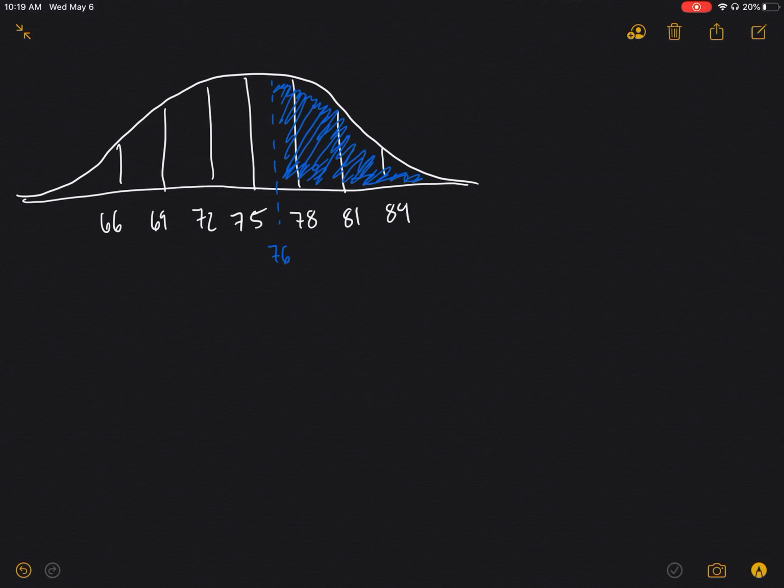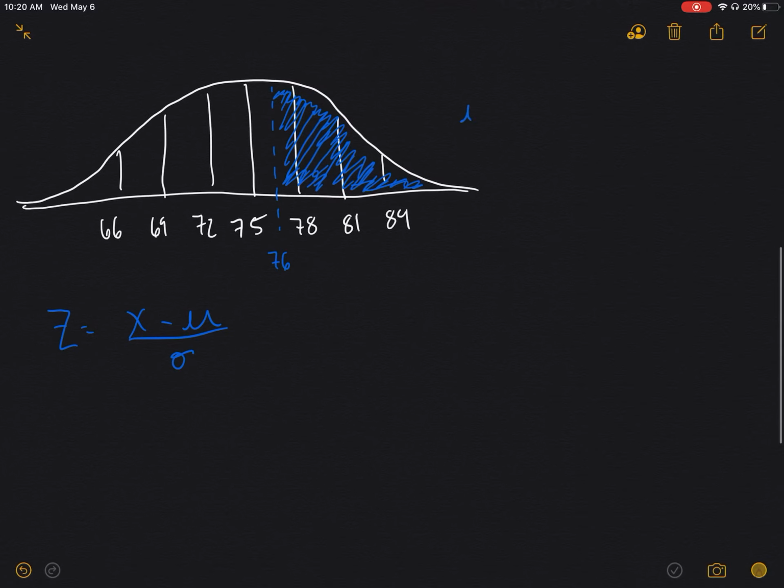Now to use a standard normal table, what do I need? Well, I have to have the z-score. You'll recall that the z-score is equal to x minus mu, all divided by sigma. So I take x, subtract the mean, and then divide by the standard deviation. Well, mu, we already discussed, was 75. Standard deviation is 3.